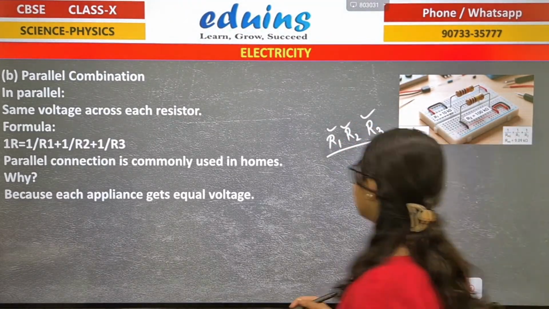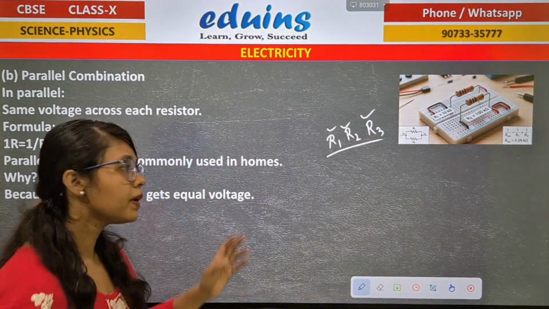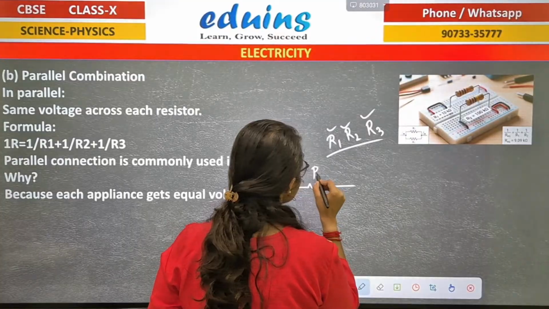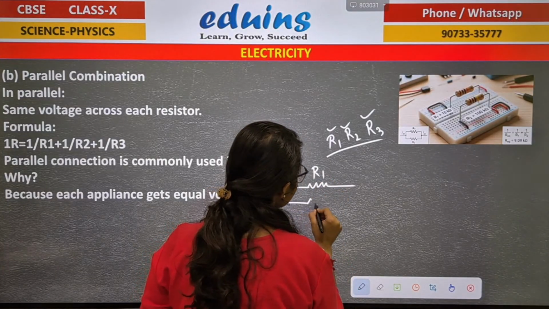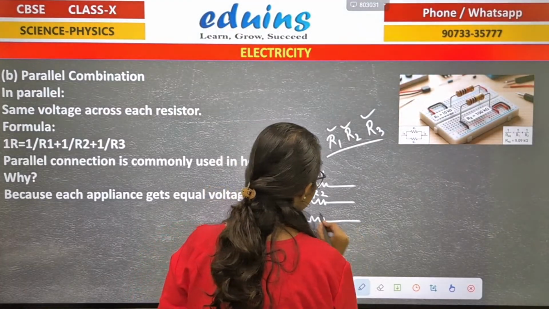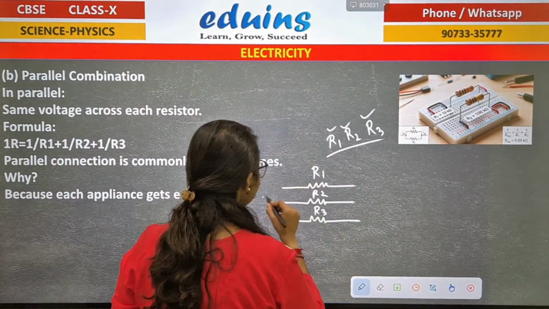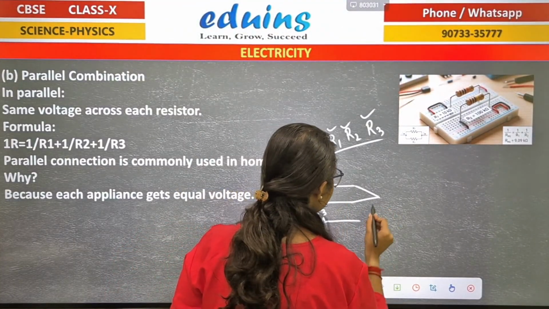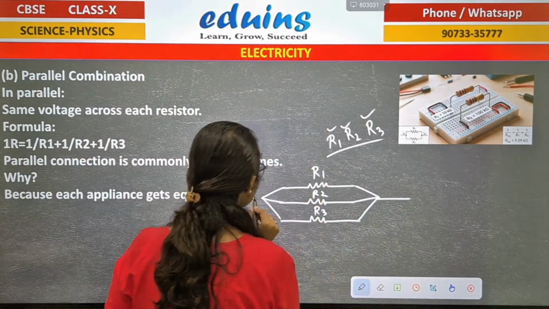So let's see what is in this: this is R1 resistance, this is R2 resistance and this is R3 resistance. They share the same potential difference.